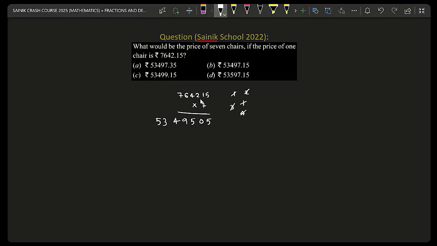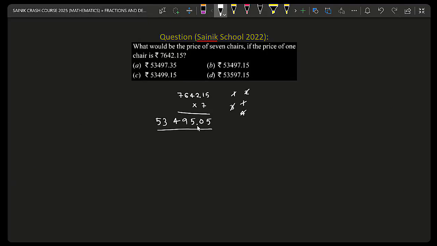But how many decimals did we remove? Two decimal places. So in the answer also we want two decimal places, right? Yes, sir. Which option is correct?